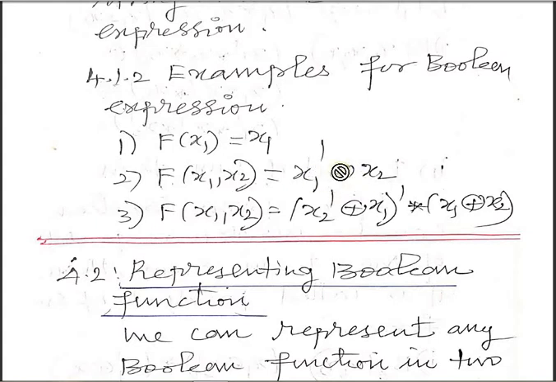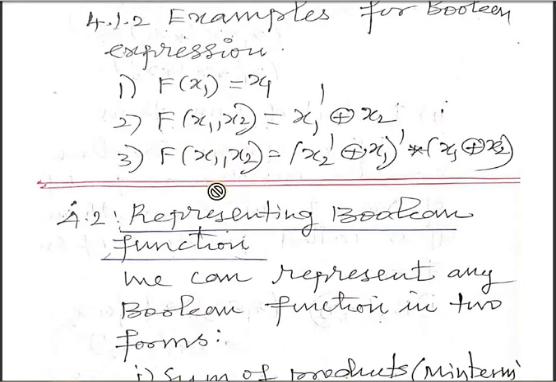When this is joined by x2, it is again a Boolean expression. So f(x1, x2) is a Boolean expression.